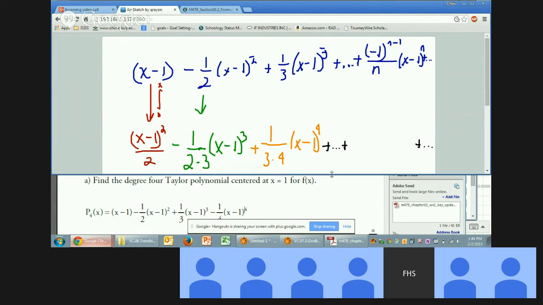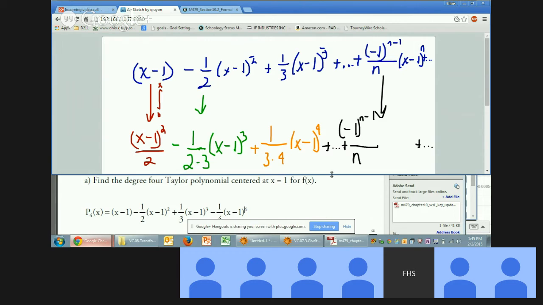Okay. Anyway, to do this last one, the negative 1 to the n minus 1 is not changing. There's no x's in that, right? So when you're integrating with respect to x or t or whatever, negative 1 to the n minus 1 is not a variable. It's constant relative to that integral. So you can just carry down the negative 1 to the n minus 1. Same thing with the over n.